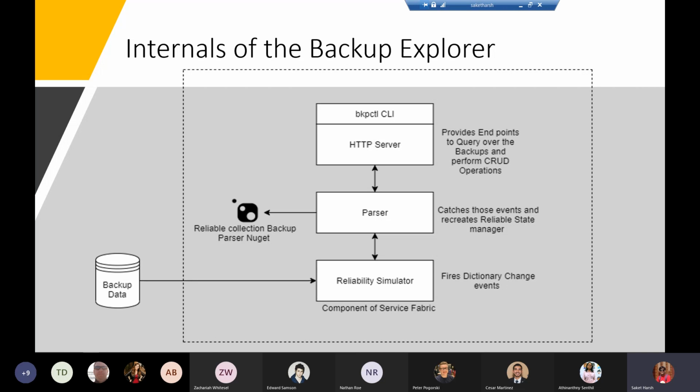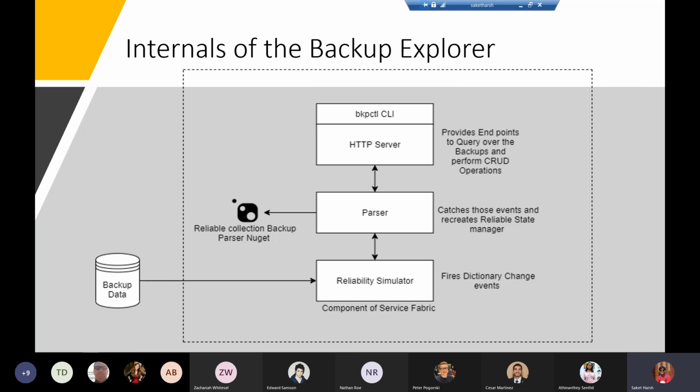Let me go over the internals of Backup Explorer a little bit. Backup Explorer uses a component of Service Fabric called Reliability Simulator, which takes in the backup and simulates the dictionary events, the transactions that happen over the dictionaries, and fires those dictionary change events.